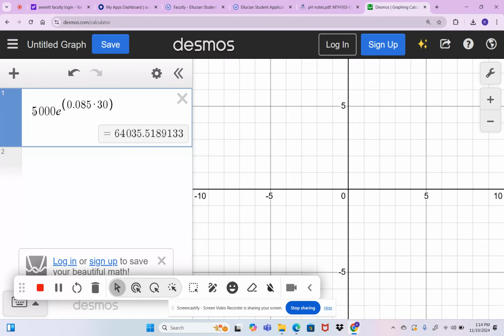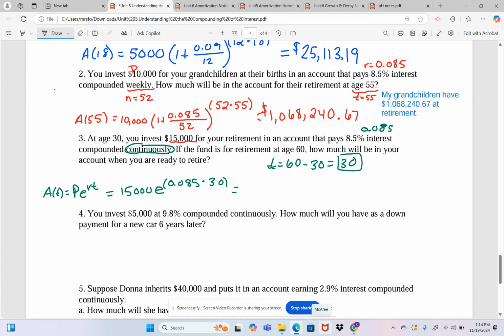Oh, it was supposed to be 15,000. Sorry, because that makes a big difference in our total account. So now that's $192,106.56. So we will write that and then make our statement.